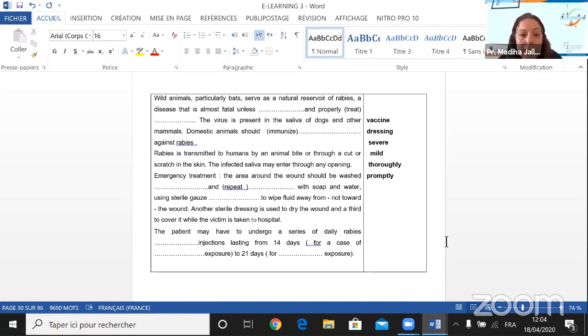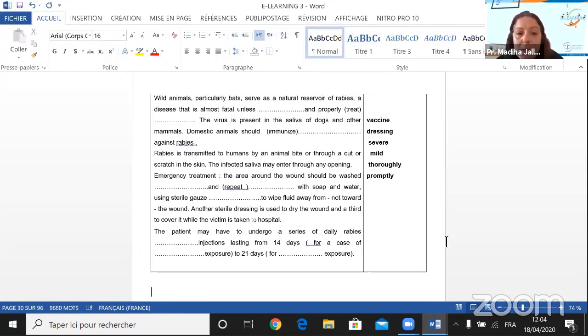Excellent. So this disease is fatal, it is deadly. Unless means if it is not promptly and properly treated, so you use here the past participle.